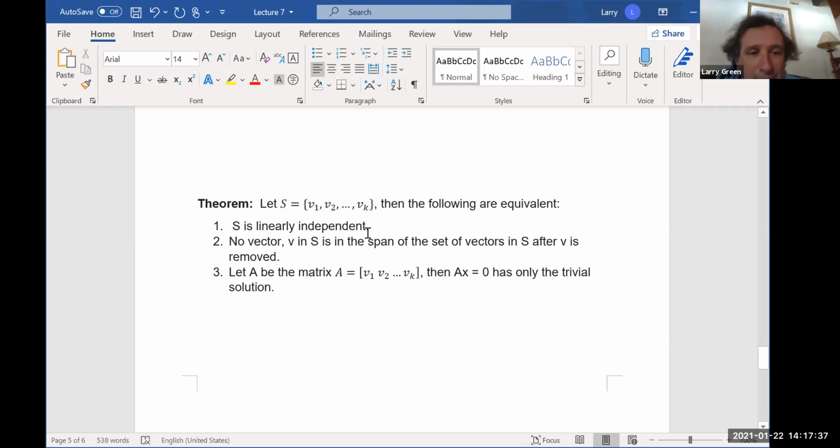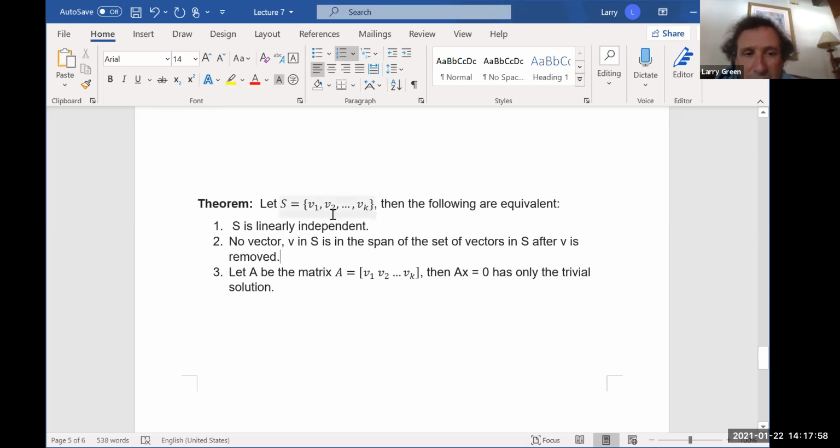Number one is S is linearly independent. Number two is no vector V in S is in the span of the set of vectors in S after V is removed.